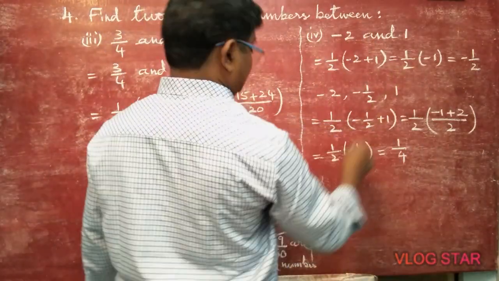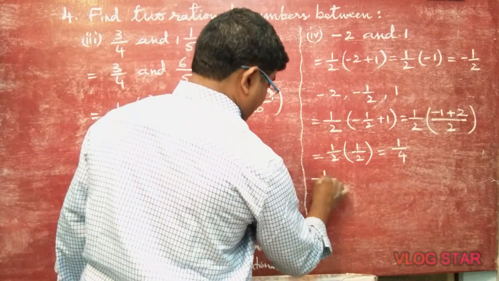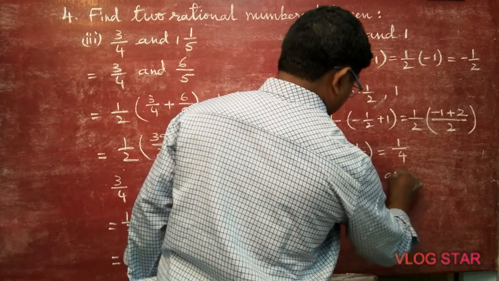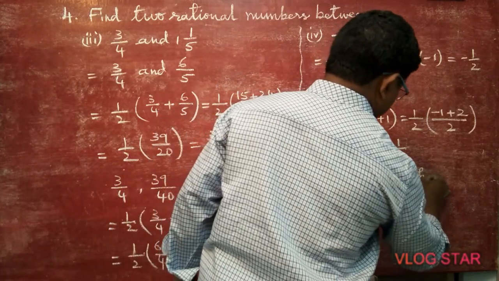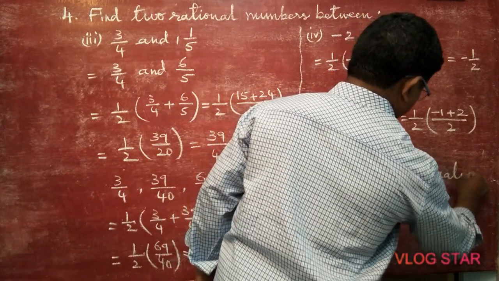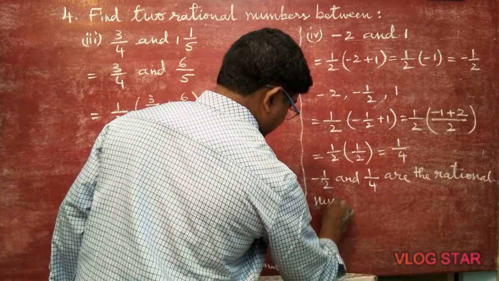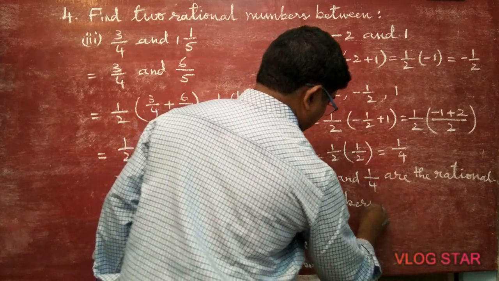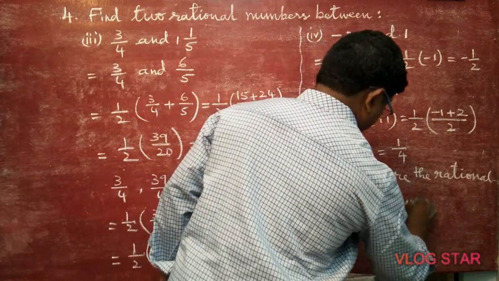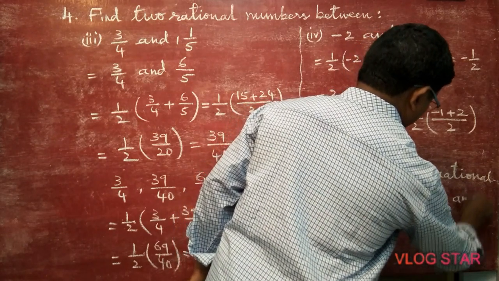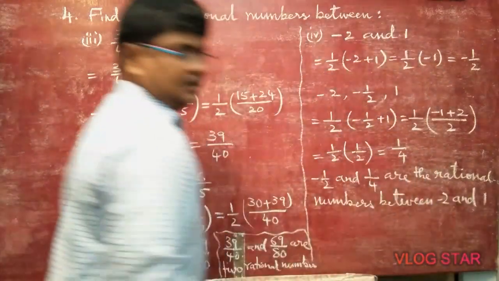So we got minus 1 by 2 and 1 by 4 are the two rational numbers between minus 2 and 1. Understand clearly?